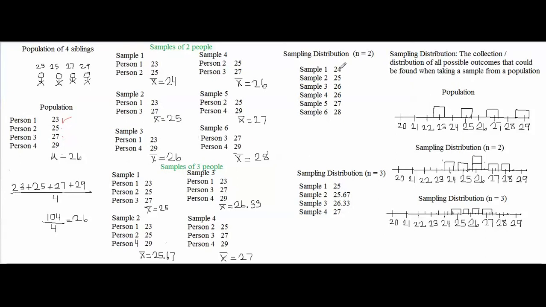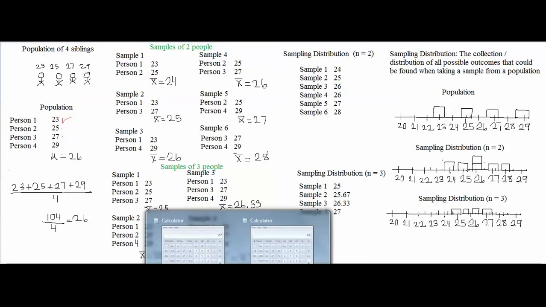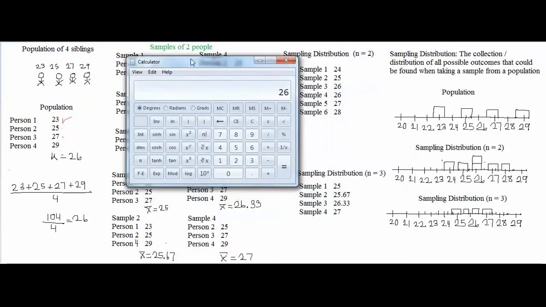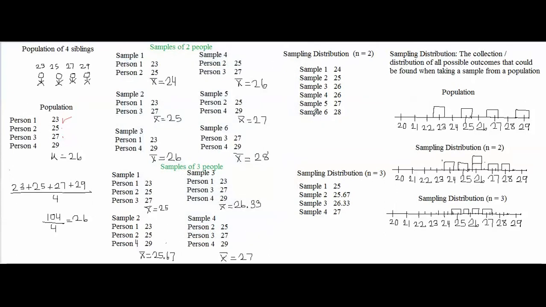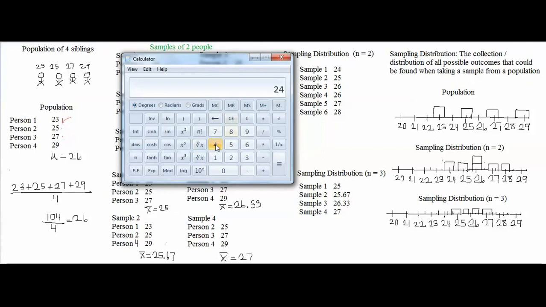Now let's find the mean of this sampling distribution. In order to find the mean of these numbers, we need to add the 6 numbers and divide the total by 6. So it'll be 24 plus 25.